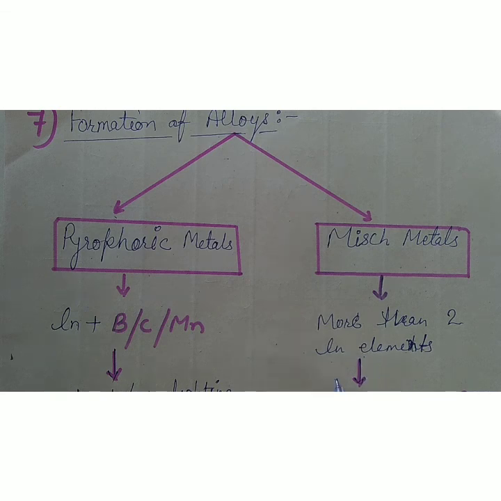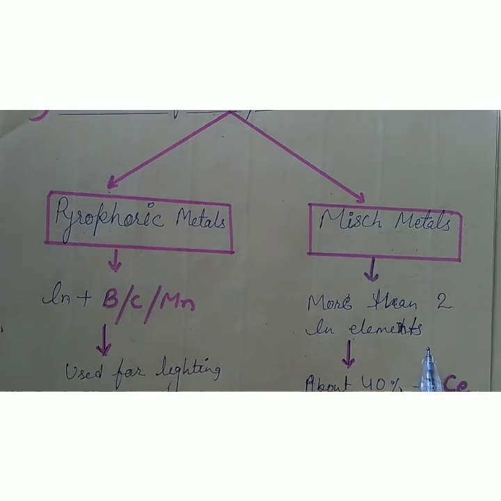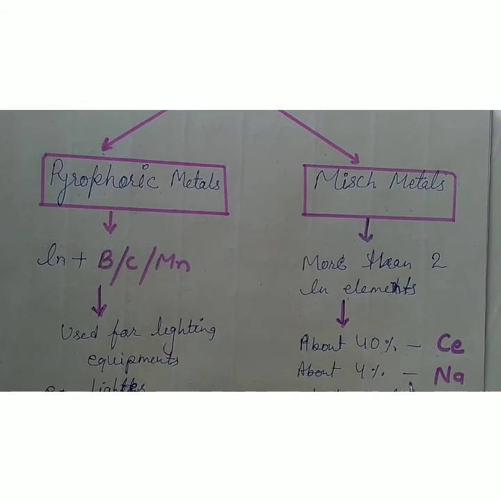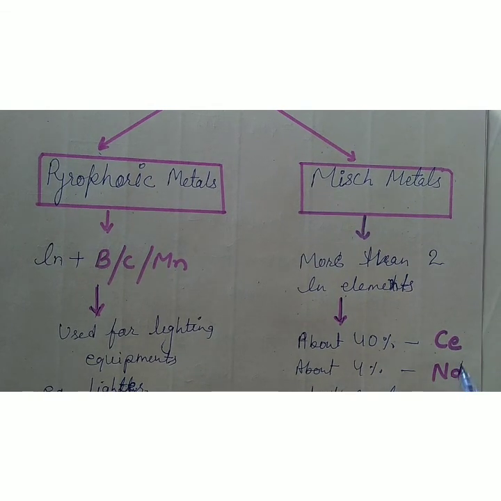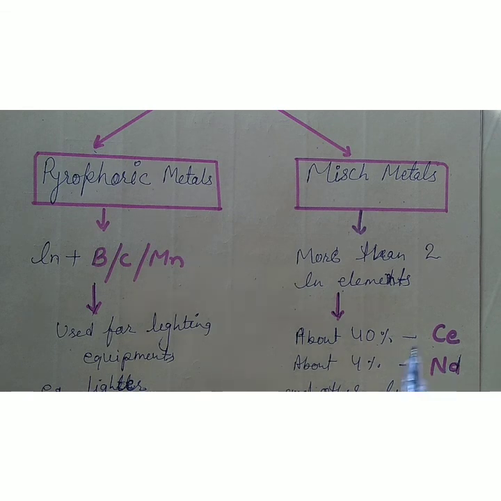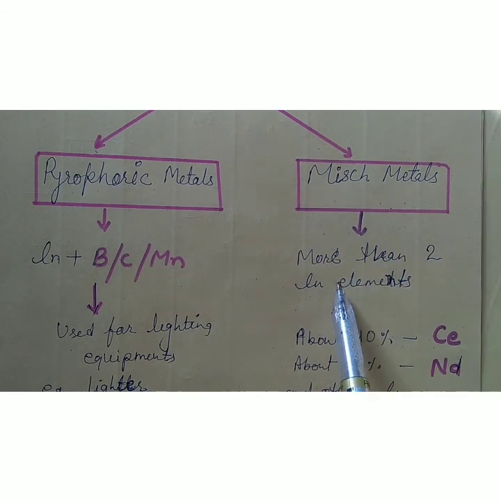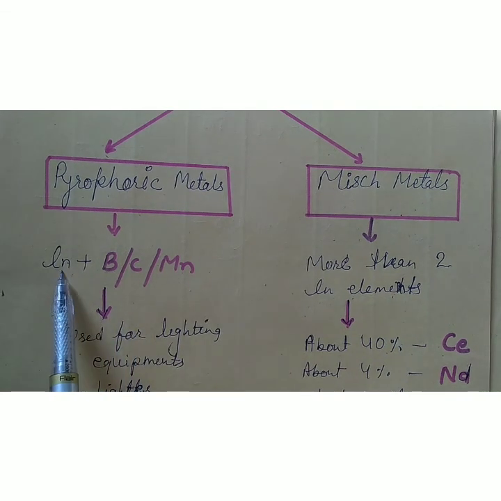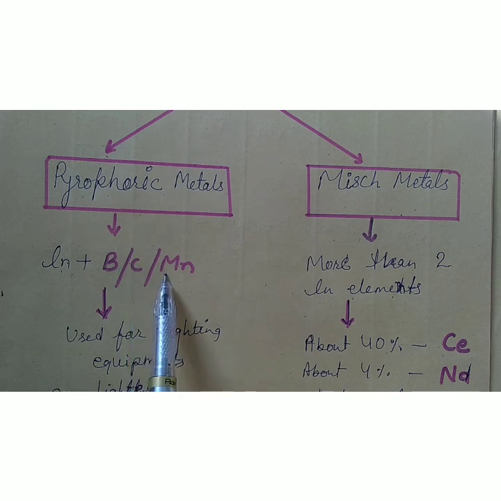The main component of misch metal is cerium, which is about 40%, and about 4% is neodymium, Nd. Other lanthanoid elements can also be mixed. In misch metals, two or more lanthanoid elements are present, but in pyrophoric metals, any one lanthanoid metal is mixed with boron, carbon or manganese.